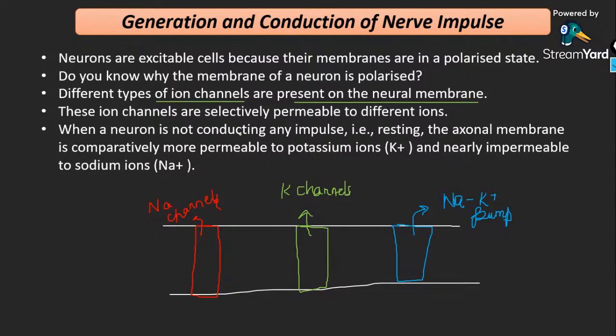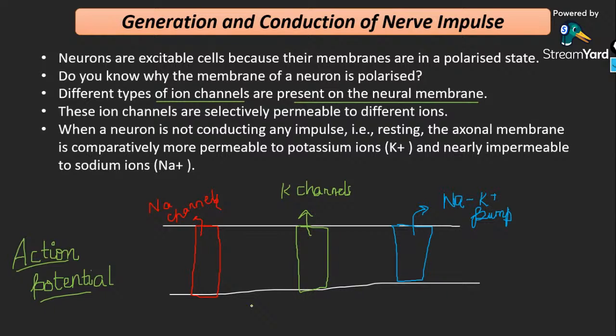How is a nerve impulse generated? A nerve impulse is generated based on action potential. Clear? What is action potential?